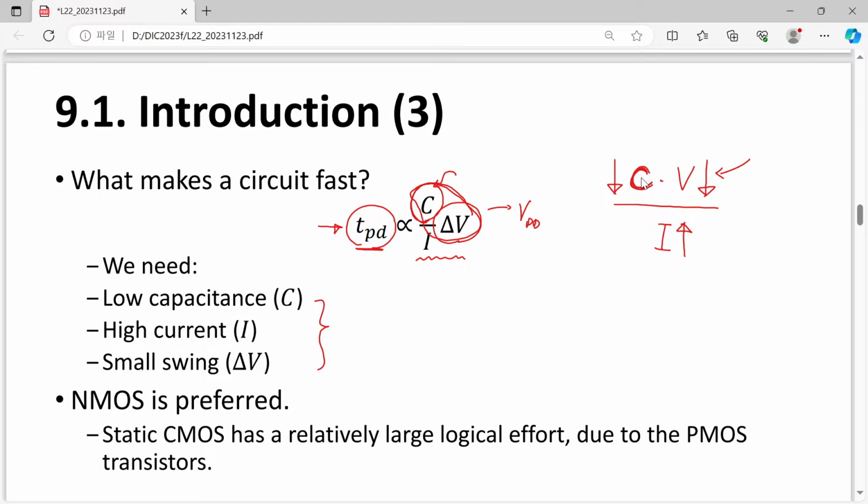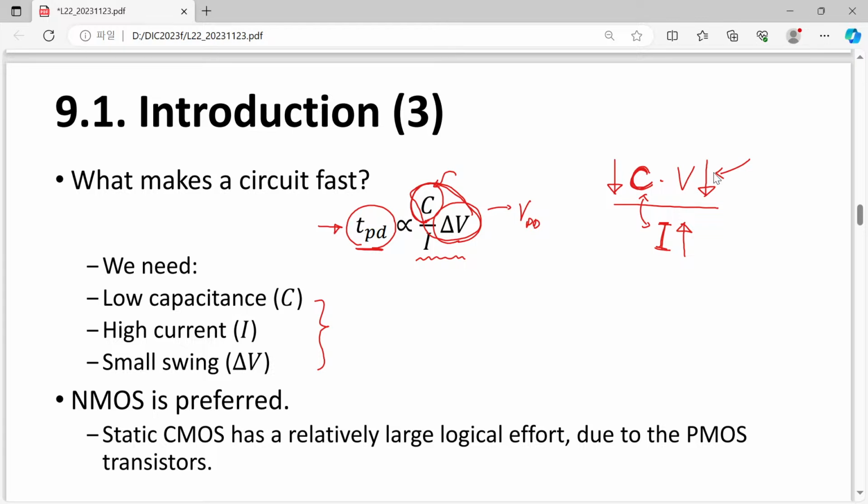You are introducing smaller transistors, which corresponds to a reduced capability to drive current. They are closely related, so we cannot make the smallest capacitance, because that is always related with reduced current.